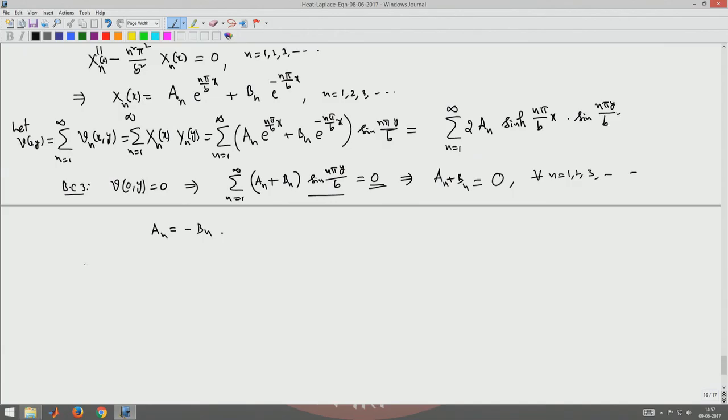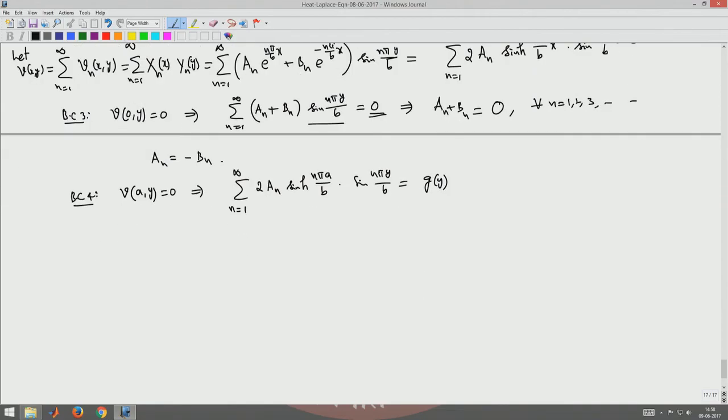Now, you apply the other boundary condition, that is what you have: v at a, y equal to g of y. For this, the solution becomes: sum for n from 1 to infinity of 2 a_n sine hyperbolic(n pi a by b) into sine(n pi y by b) equal to g of y.